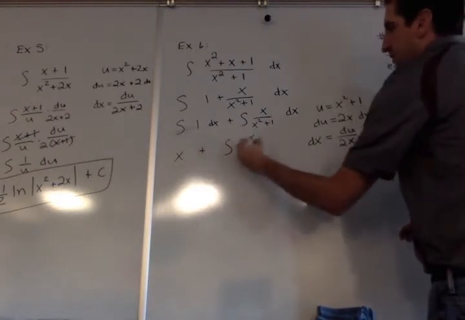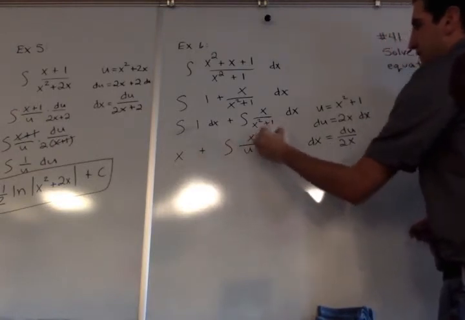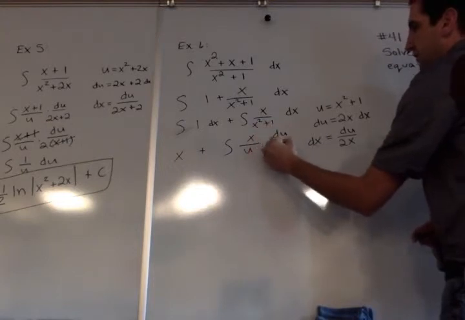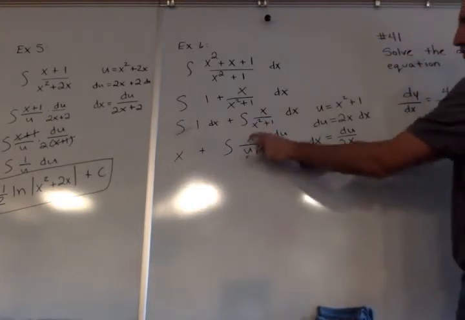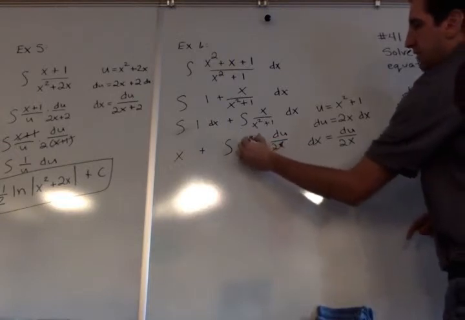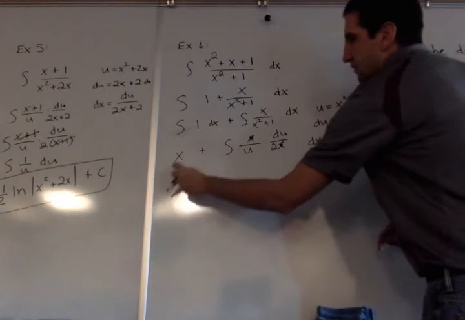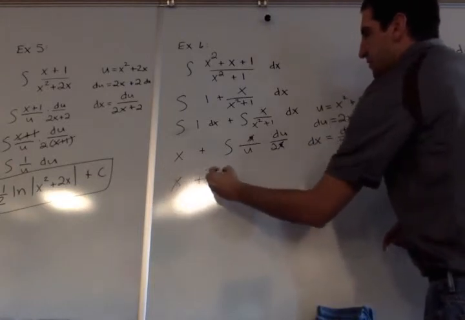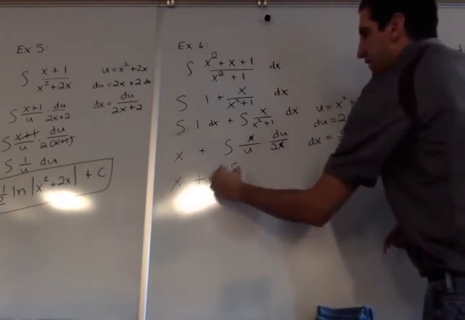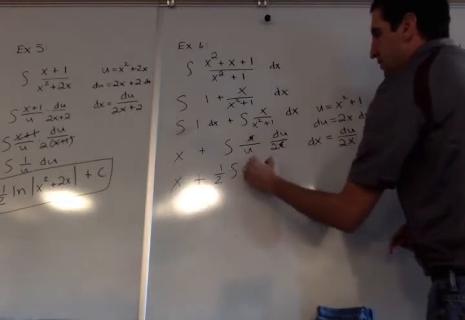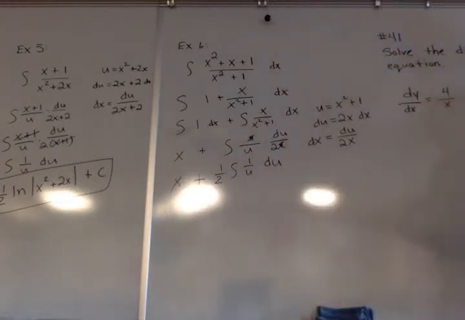I have x over u times du over 2x. Notice my x's would cancel, which will allow us to integrate here. And we're going to move the 1/2 out in front. Just keep this x as it is, plus 1/2 times the integral of 1 over u du.